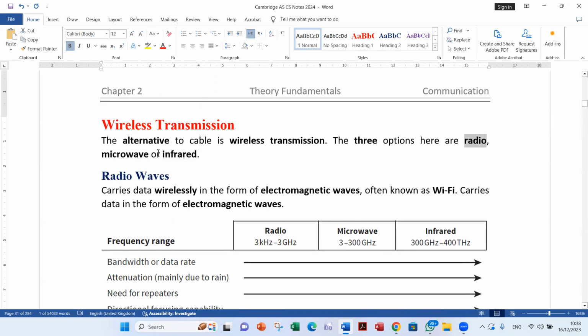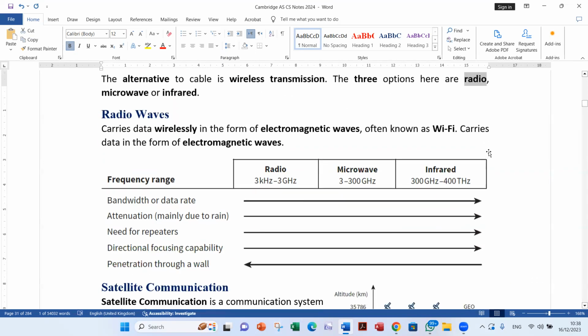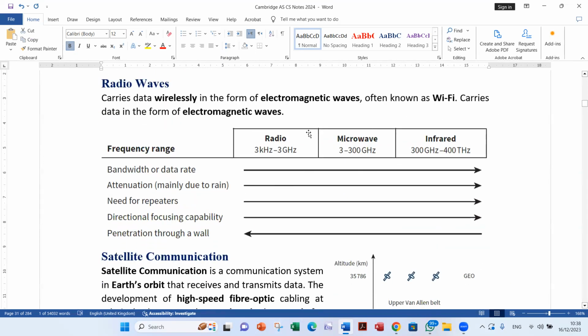However, with Wi-Fi, we have Wi-Fi 2.5 giga, and this is the frequency. We also have Wi-Fi 5 giga.